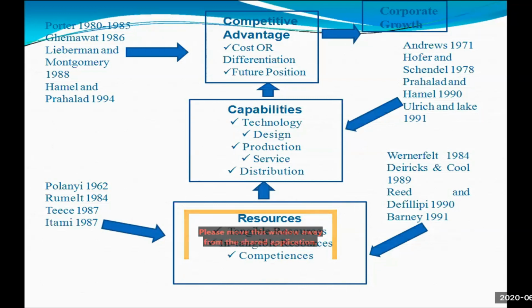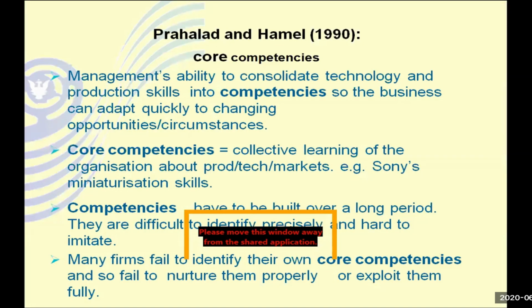So when you talk about resources, they are supported by all these scholars. I've just put a few there. When you talk about capabilities: Andrews, Offer, Prahalad, Hamel, Ulrich. When you talk about competitive advantage, of course, Porter, the works of Porter, very important in competitive advantage. That is derived from the use of the capabilities that are derived from the resources of the firm.